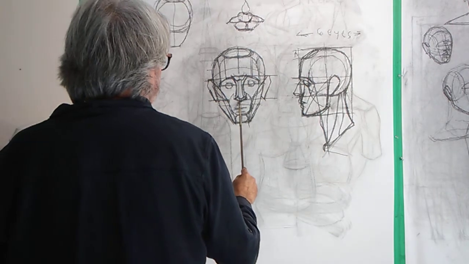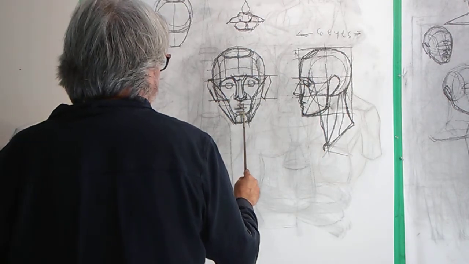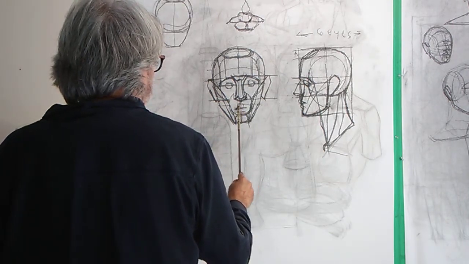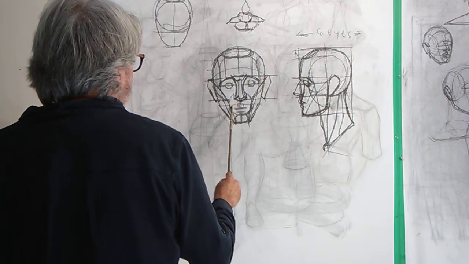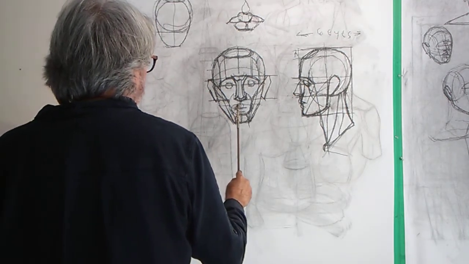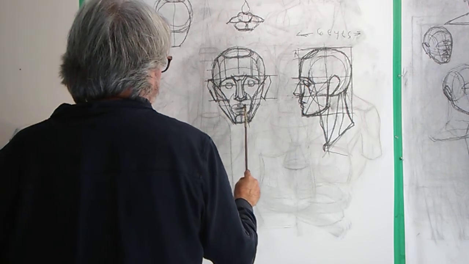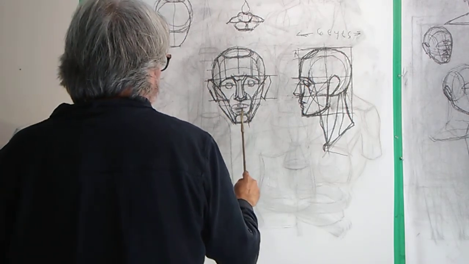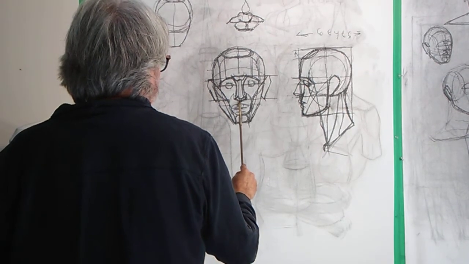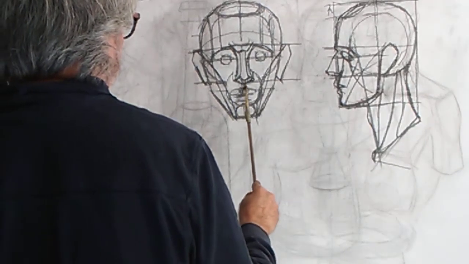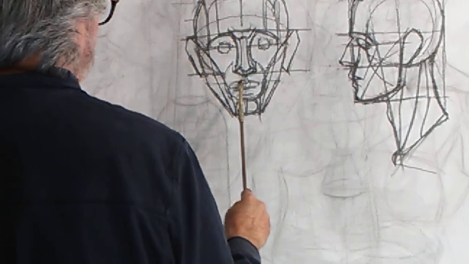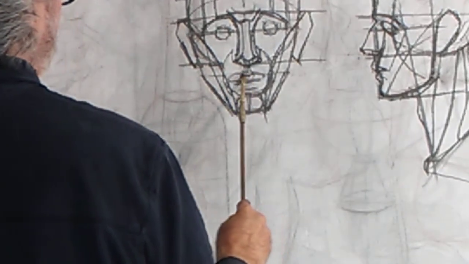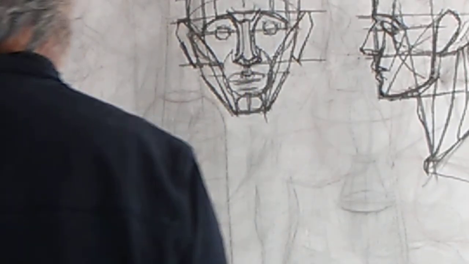So what I'm going to do is I'm going to put a curve up here. And I'm going to put a smaller one here. And on an angle, I'm going to put a smaller one here. And then on the lower lip, well, let's cut into it. So I'm going to take the philtrum and I'm going to cut down into that curve that I just made. So it would look like that.